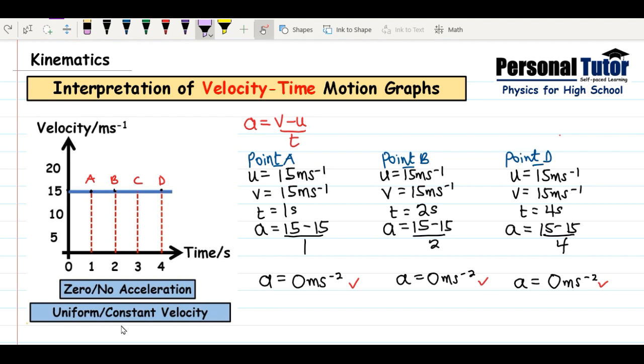It is also called constant velocity in the sense that both the initial velocity and the final velocity are the same. And in this our case, at every point, you get it all to be 15 meters per second. So that is why it has such name.